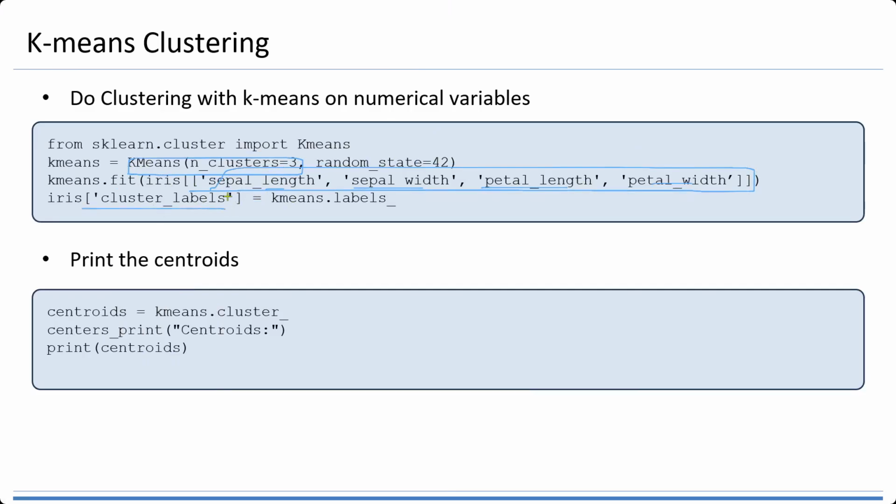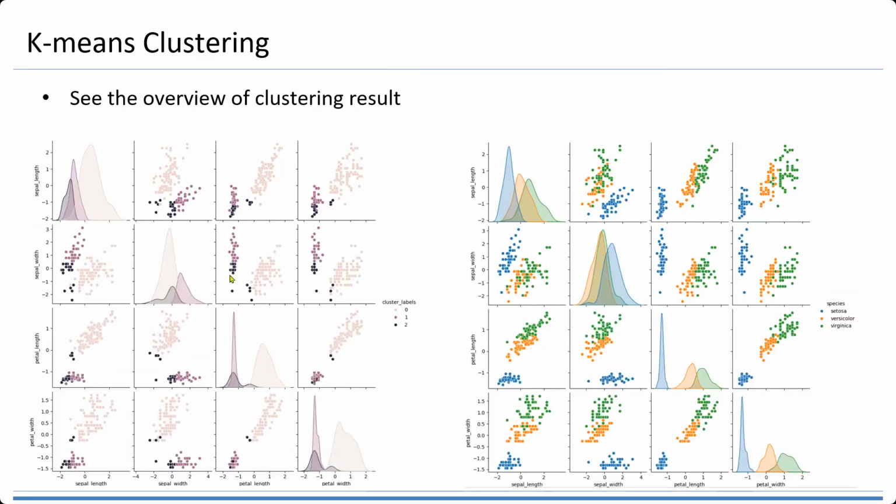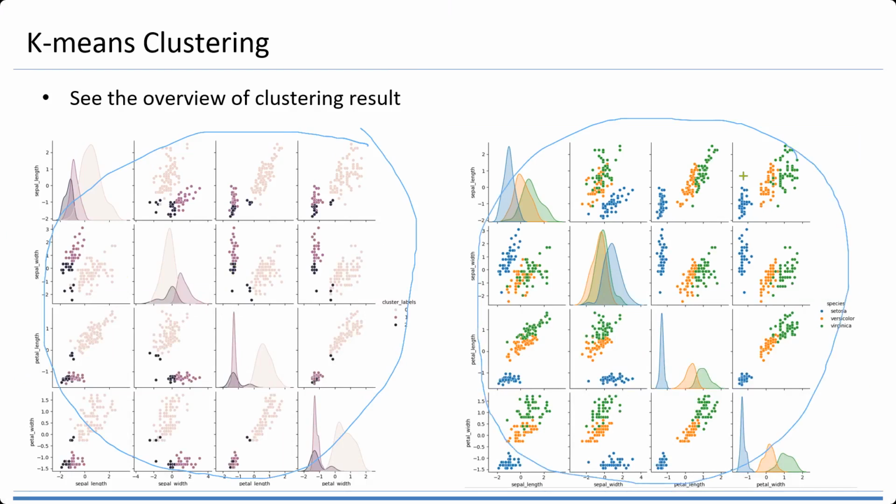And then let's get the cluster tables. And then let's print the centroid. Then we can see the overview of the clustering result. This is the clustering result. And this is the actual data.